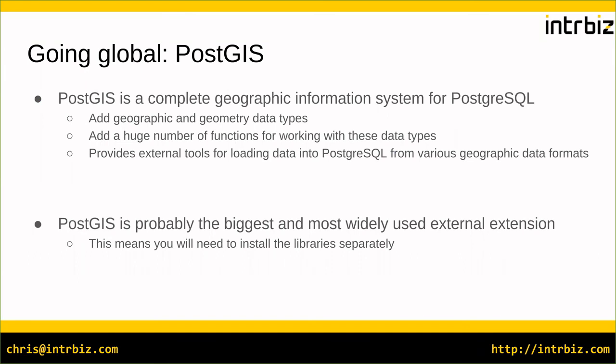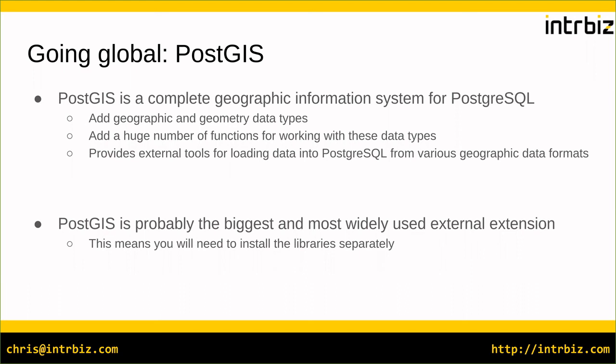In terms of the extensibility of Postgres, there's a project called PostGIS, which is a complete geographic information system for Postgres. This adds geographic and geometry data types, and a huge number of functions to work with these data types, and also provides a number of external tools for mainly loading and processing data.